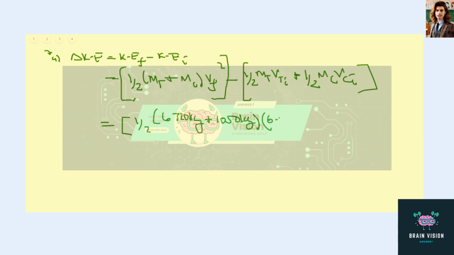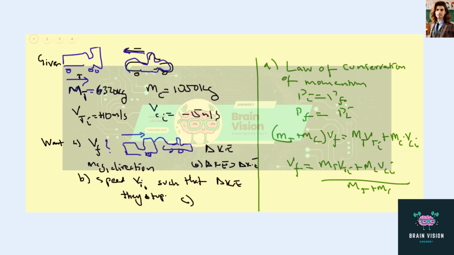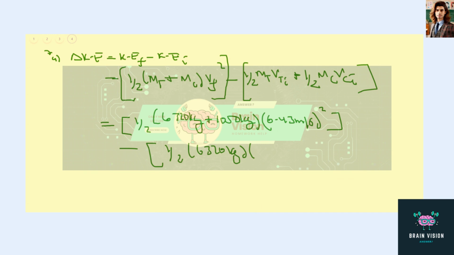We square that, and then we subtract 1/2 times the mass of the truck, 6,320 kilograms, and the initial velocity of the truck, which was 10 meters per second. You still have to square that because we're dealing with kinetic energy in this case. So 10 meters per second squared.